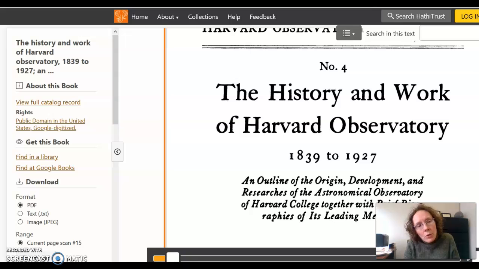And HathiTrust.org is a place where a lot of libraries have uploaded stuff that's in the public domain, old published works that you can look at. And it can actually be a pretty cool place to search for primary sources. It's a little hit and miss, right? And good secondary sources too, right? This is an old thing that's in HathiTrust that's a secondary source, but just another tool you can use.